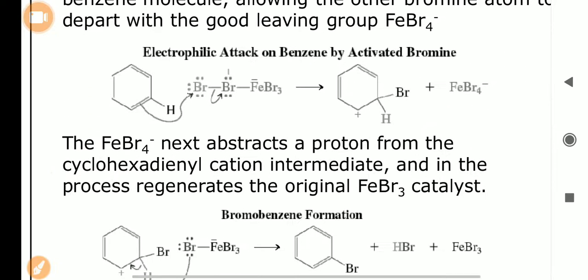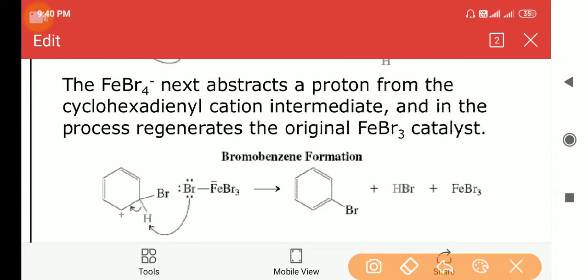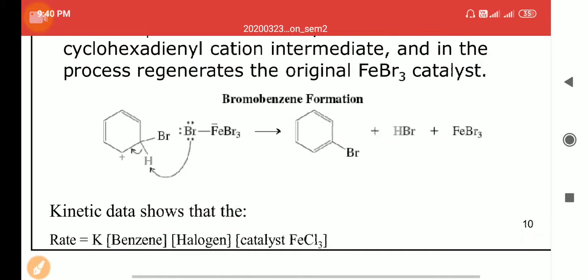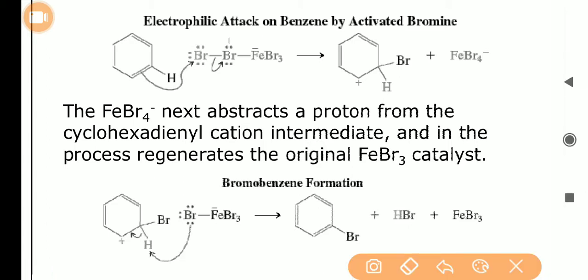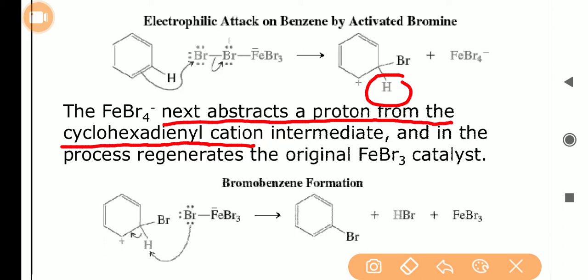We go further. FeBr4 minus next abstracts a proton from the cyclohexadienyl cation, to retain the aromaticity of the molecule.